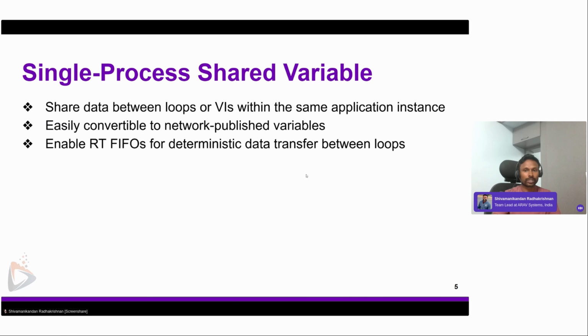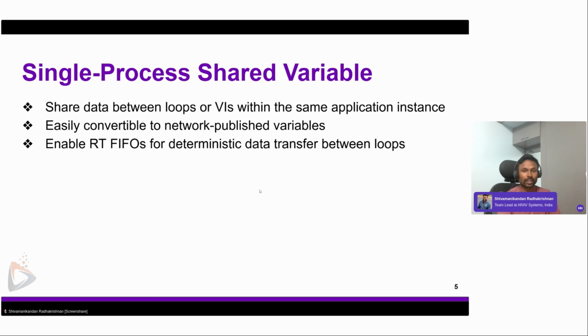Going into single process shared variable, this is very similar to a global variable, where you can share data between different loops or different VIs, but it should be in the same application instance. In a single process shared variable, it should be either in the PC code or in the RT code.